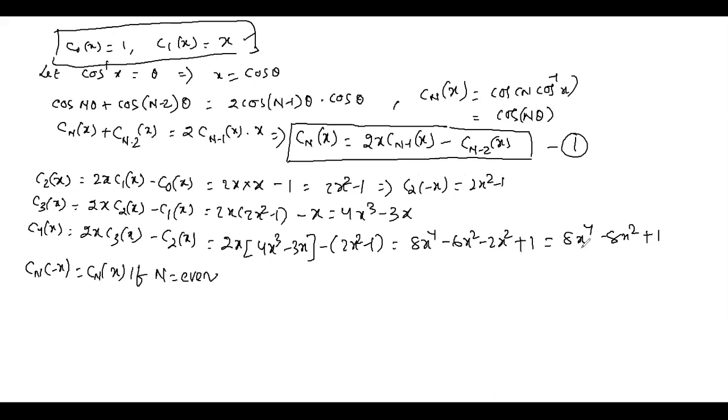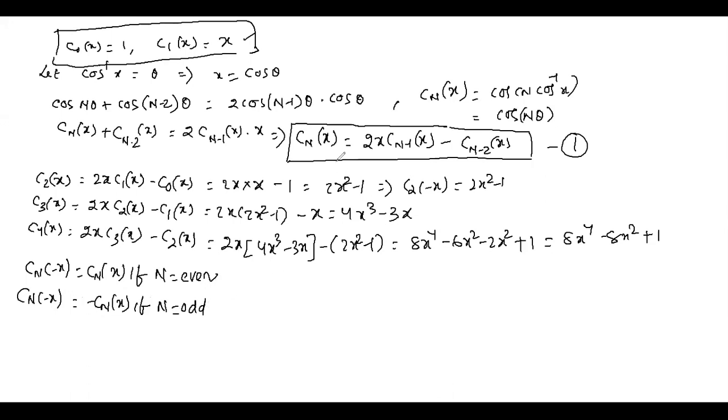C4(x) = 8x⁴ − 8x² + 1. If you find C4(−x), you will get the same thing. So Cn(−x) = Cn(x) if n is even. Similarly, Cn(−x) equals −Cn(x) if n is odd.